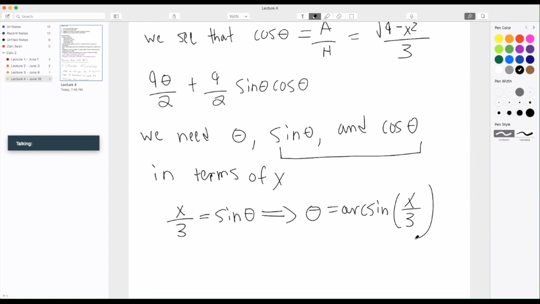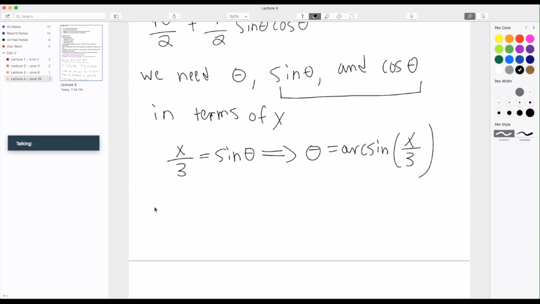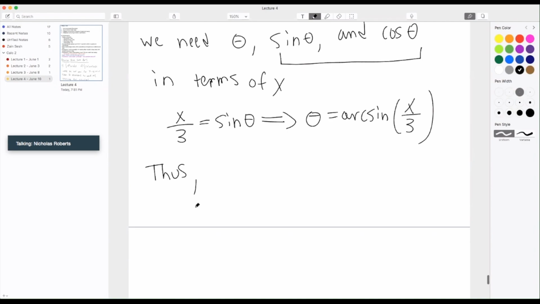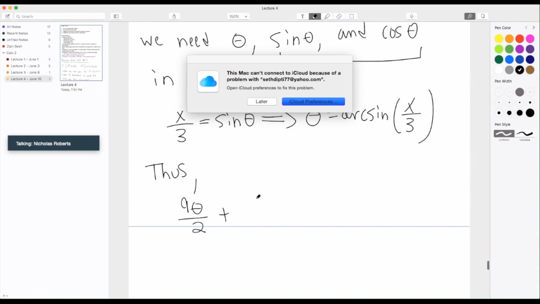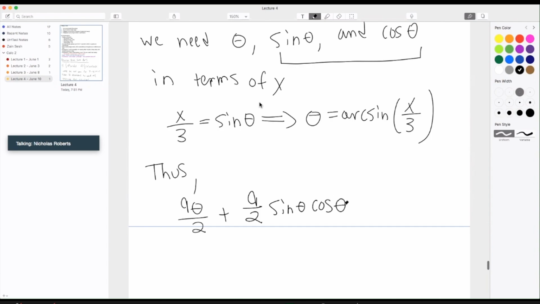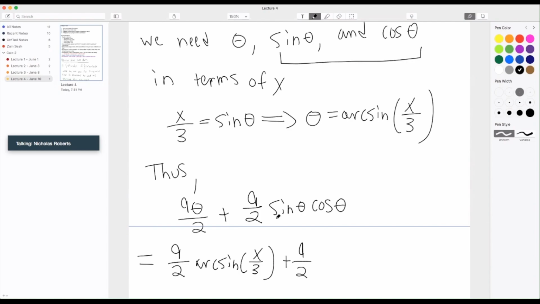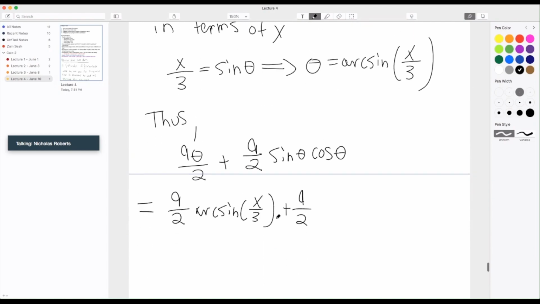So we now have everything we need in terms of x. Thus, 9 theta over 2 plus 9 over 2 sine theta cosine theta equals 9 over 2 arc sine of x over 3 plus 9 over 2. And what was our expression for sine?